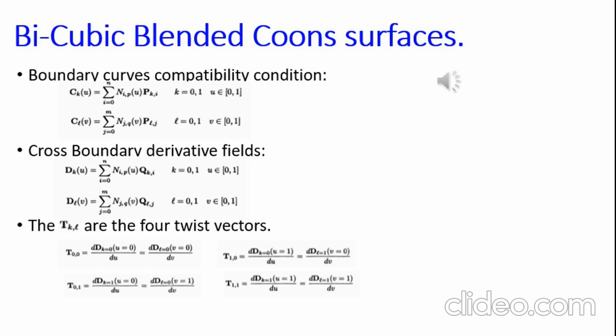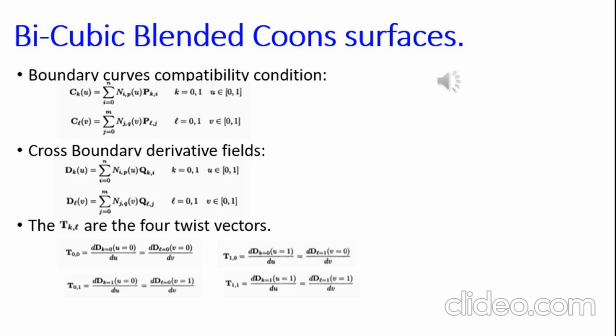The four boundary curves need to satisfy these two equations, the equations of Ck of u and Cl of v. And for the four boundary derivative fields, these two conditions of dk of u and dl of v are important, as I mentioned here.